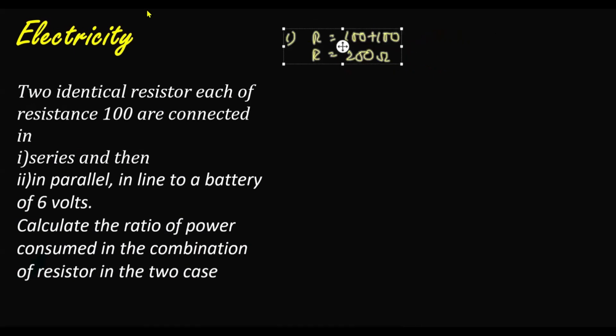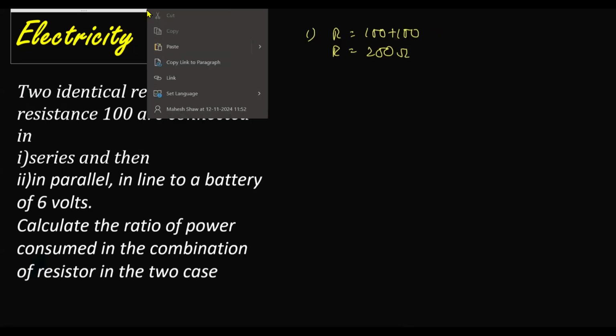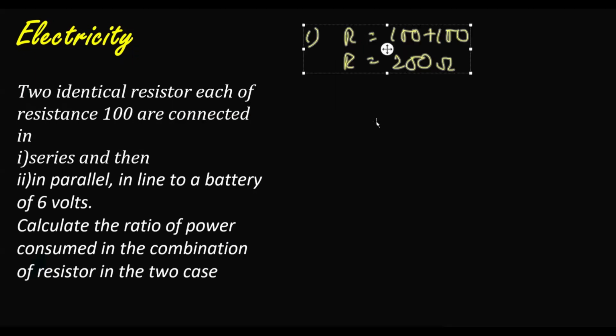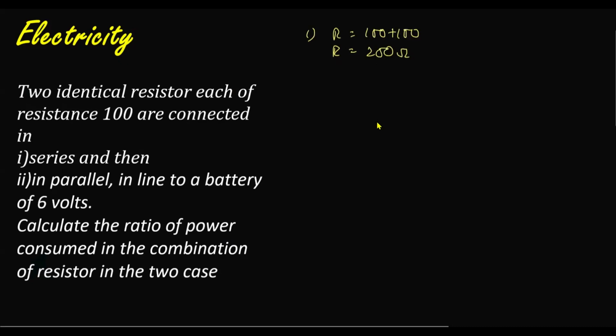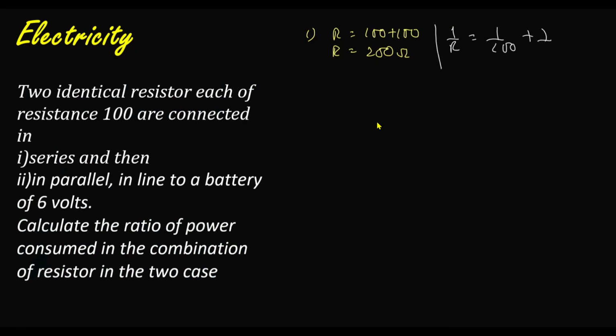Now, when these resistors are connected in parallel, I'll use 1 over R is equal to 1 over R1, which is 100, plus 1 over R2, which is 100 again. So 1 over R is equal to 2 over 100, that is 1 over 50. On reciprocating, we get the resistance in this case as 50 ohm. So this is the second case.